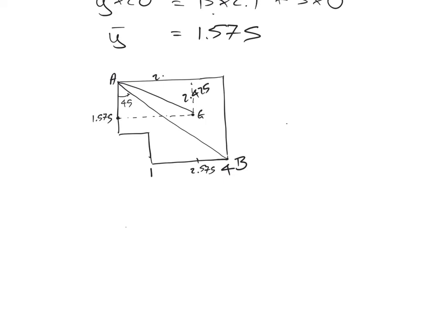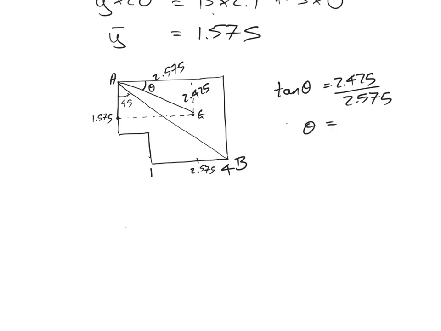So we could work out this angle here. Tan of theta equals 2.425 over 2.575.